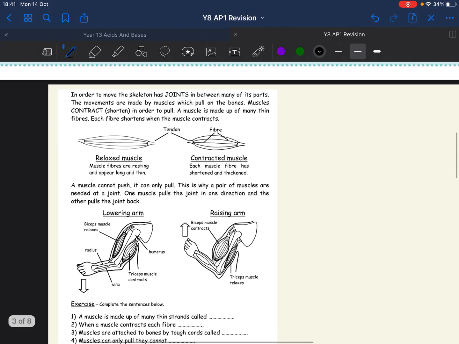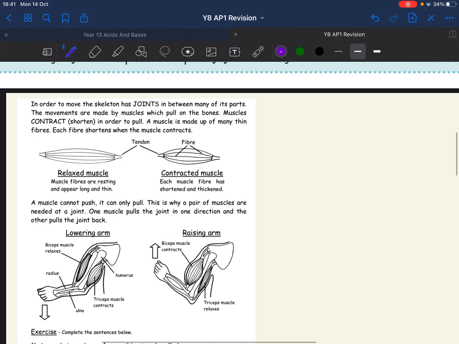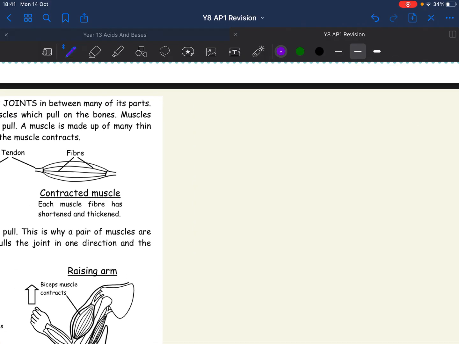Starting with the biological processes, we have the muscles and skeletons. We'll start with looking at the skeleton, and this is going to be the main areas that you need to focus on for your revision. All bones in the body make up your skeleton.